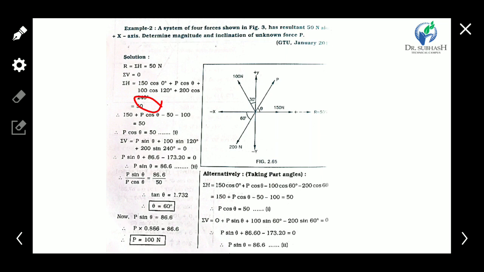Now we have two summations here. The summation of horizontal is 50 because the resultant force is horizontal, so the summation of horizontal value is equal to the resultant, so the resultant value is 50.